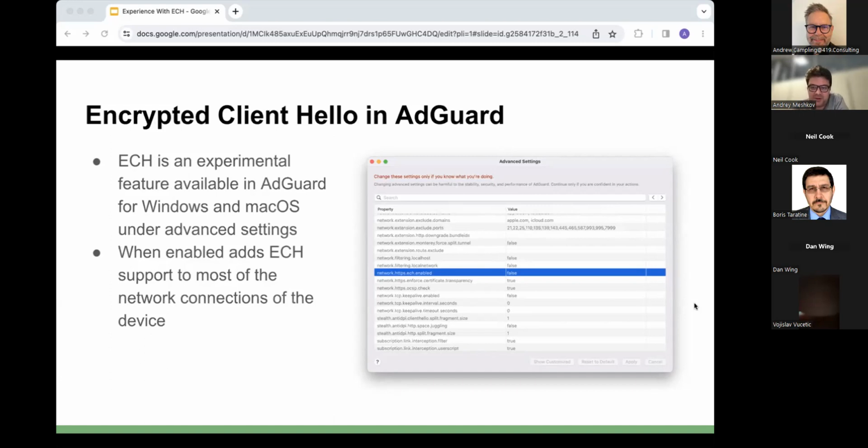AdGuard apps filter most of the network connections. So when this feature is enabled, AdGuard attempts to establish an ECH-enabled connection on behalf of the app that actually tries to connect. Therefore, AdGuard adds ECH support, regardless of whether the browser or the app that tries to create the connection supports it or not.